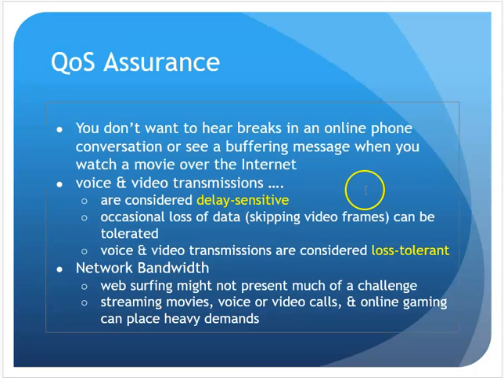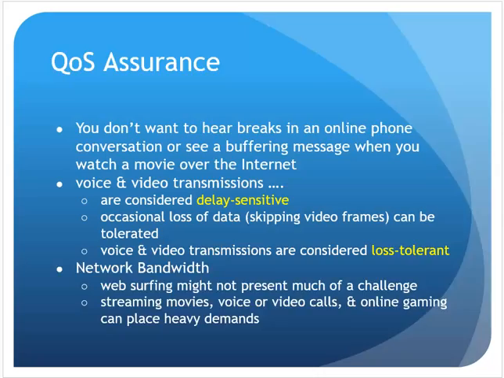With quality of service, we know that things like video transmissions are delay sensitive. Meanwhile, with regular data, a little bit of delay can be acceptable. Voice and video are delay sensitive, and even voice and video are a little bit loss tolerant, while with data, I need to make sure it's all there, but it can be delayed a little bit, not a big deal.